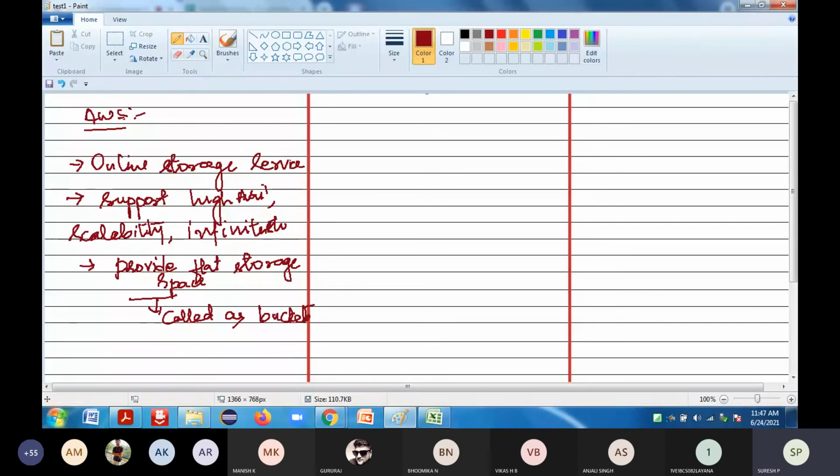These buckets are attached to Amazon Web Services. Each bucket can have multiple objects, each identified by a unique key. They have a unique URL and are accessed through the HTTP protocol.